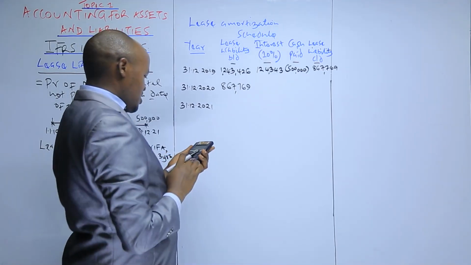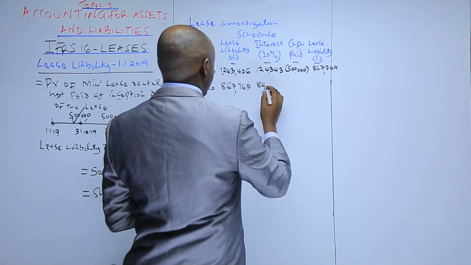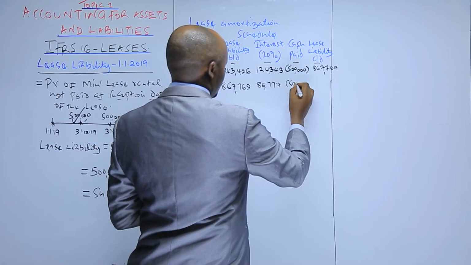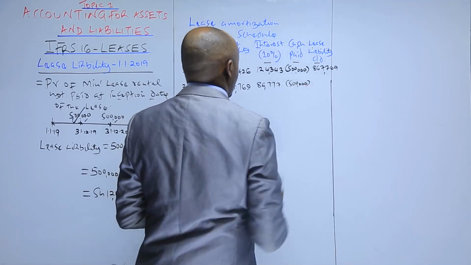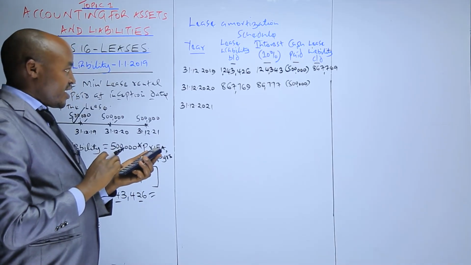So we compute interest being 10% of that, which will give us 86,777, and then the cash which was still paid in that year was how much? Was 500,000. So let's work out the lease liability at the end of year two.